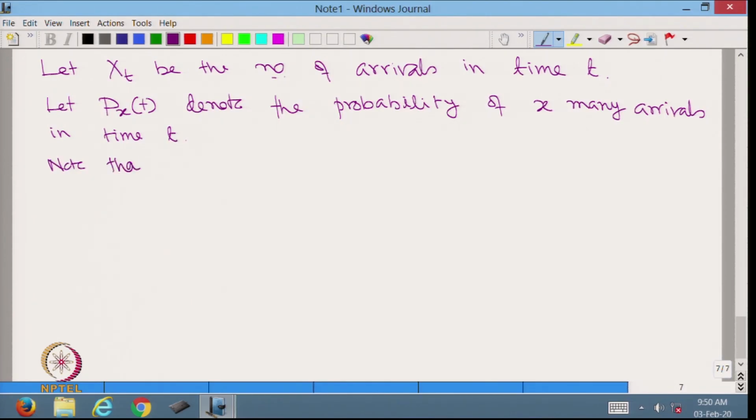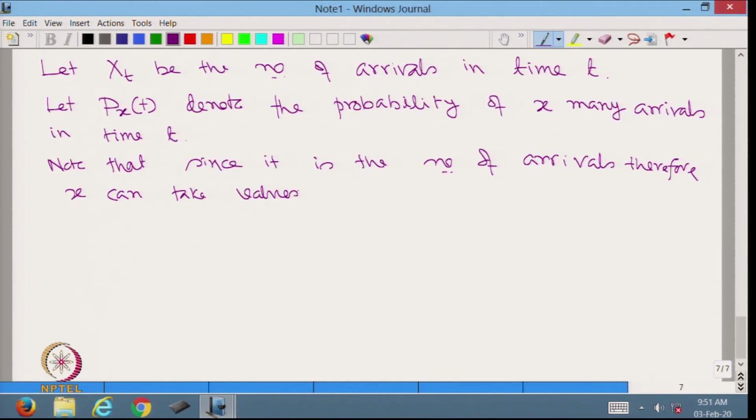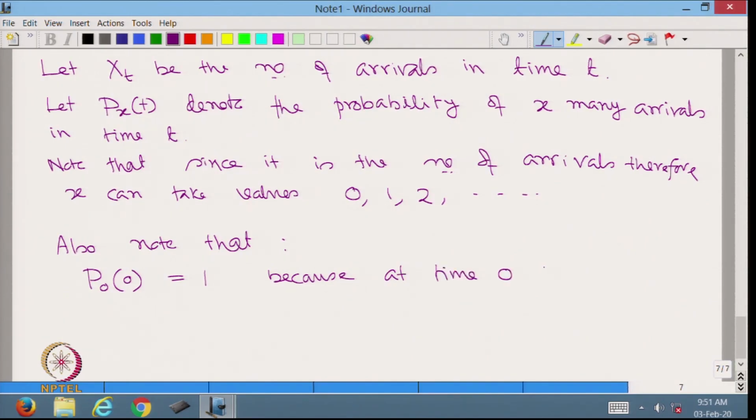Note that since it is the number of arrivals, therefore, x can take values 0, 1, 2, etc. Also, note that P_0(0) is equal to 1, because at time 0 there is no arrival.